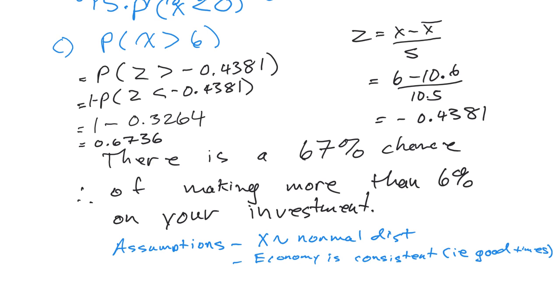And we assume that the economy is consistent, i.e. we have some really good times. Basically, if you think about it, as long as we don't have a lot of crazy stuff like a natural disaster or the stock market crash of the century, then all of these calculations are completely valid.